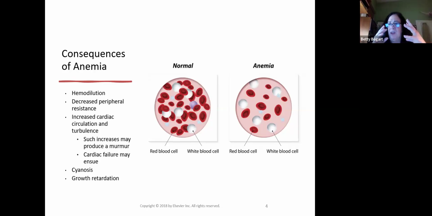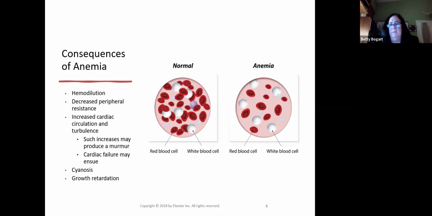So when you're anemic, you have less cells, so those cells bounce all over the place. So you hear this swooshing or a murmur-like sound in the heart when you're in severe anemia, okay? Normally, the blood just flows through and it doesn't bounce because there's no room. They're crowding each other. But with anemia, there's more albumin, there's more fluid between the spaces, and it bounces, and you're going to hear that going on.